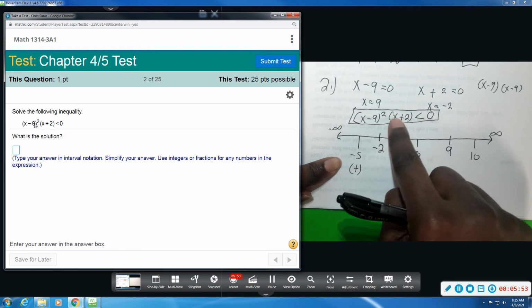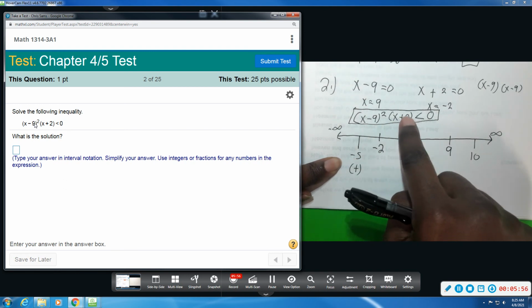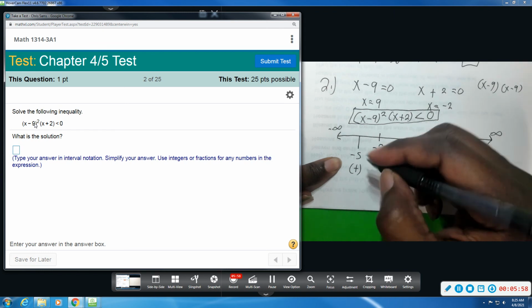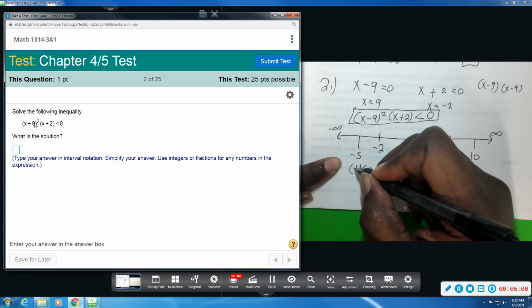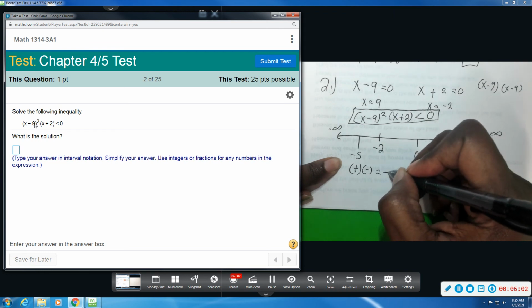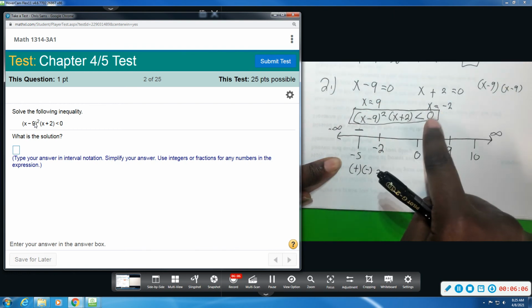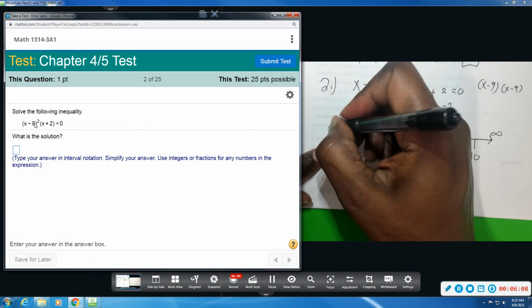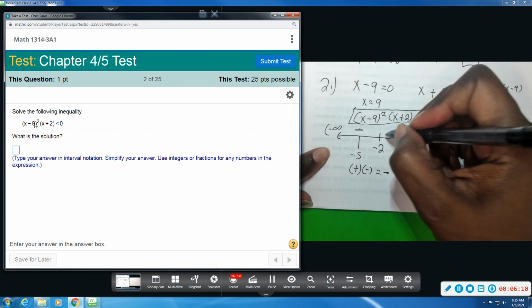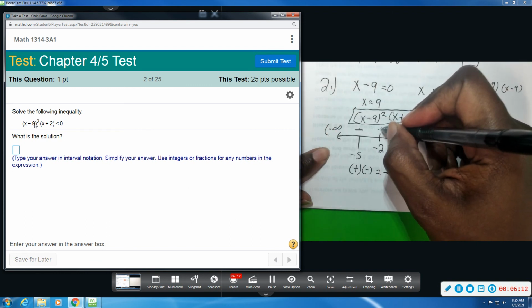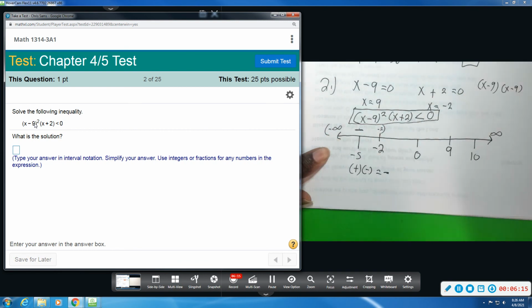When you plug in negative 5 plus 2, that gives you a negative 3. So this ends up being negative. So we have a positive times a negative. Well, that's going to give us a negative. So this section is negative. Negative numbers are less than 0, so this section is what I want, part of my answer, from negative infinity to negative 2. So that's part of my answer.